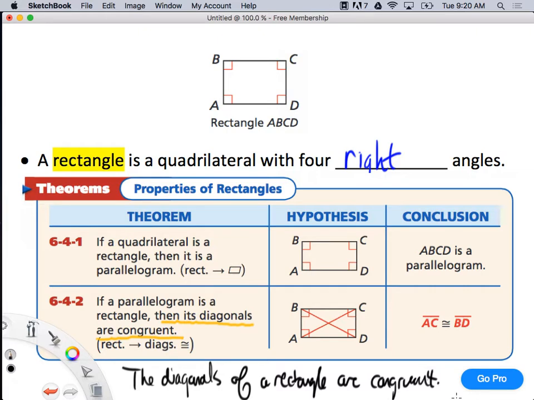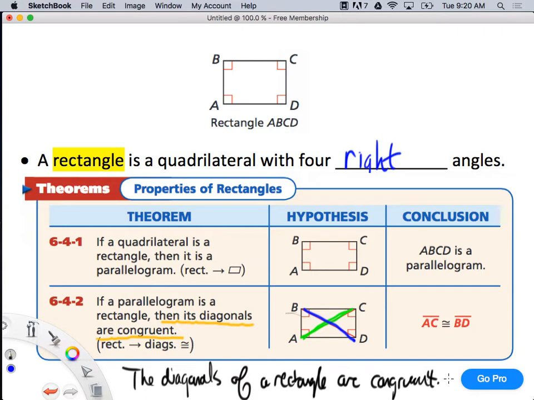This AC is congruent to BD. Those two red lines are congruent to one another. Does that make sense? Or if I highlight it further, this green line is congruent to this blue line. Those are congruent, which means they're the same length. Okay, any questions about that?